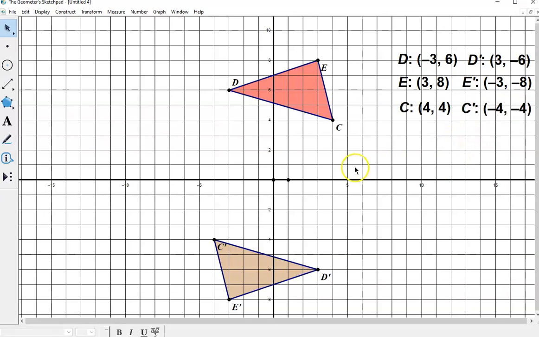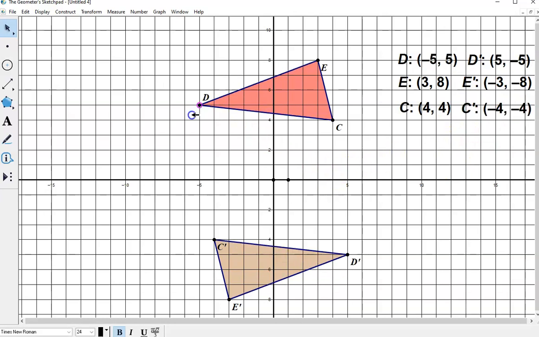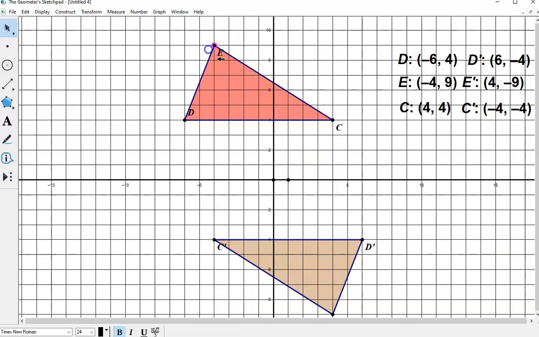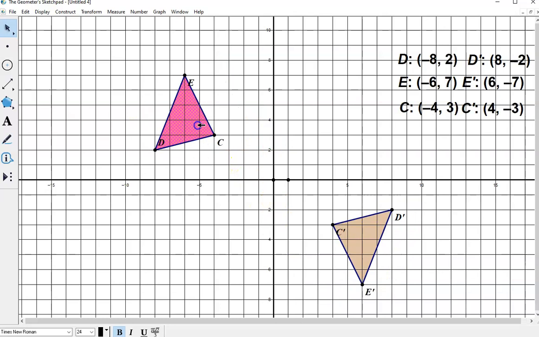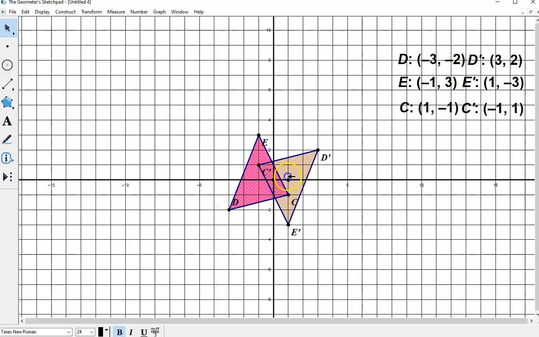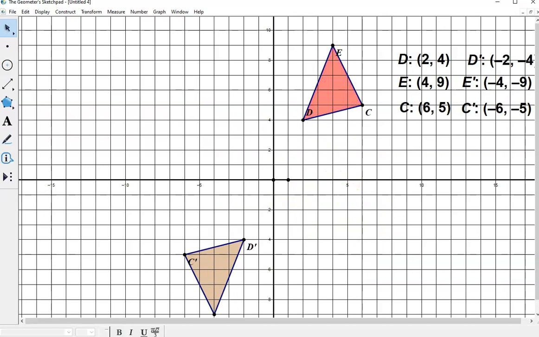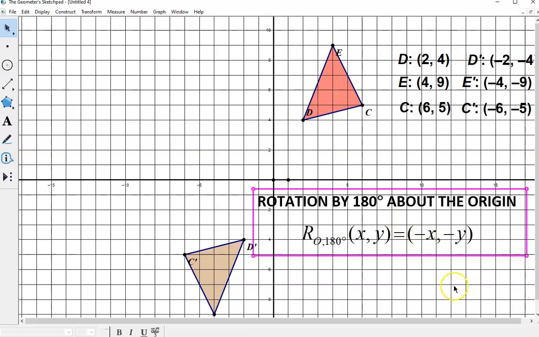And you see that rule. You don't need me to do much here. Let's change our original around a little bit, move it around, but you can see what's happening no matter what. We are just negating the x and negating the y, and it would be true no matter what. So that rule for 180, super easy to remember. It's just negative of x and negative of y.